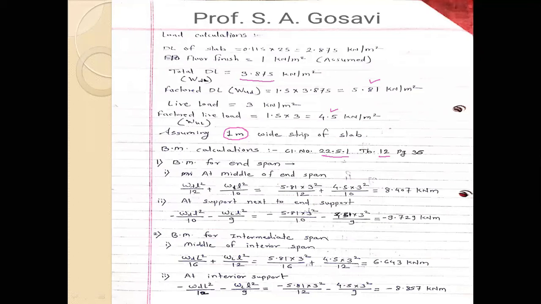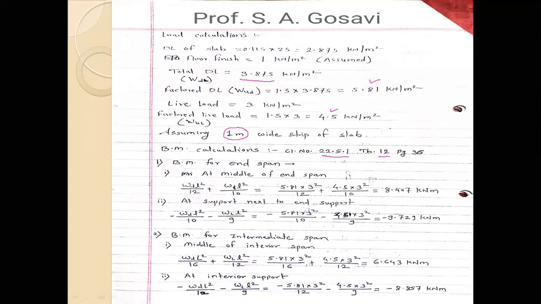As our slab is a continuous slab, you know that it is supported at the ends by the walls. If you see the problem carefully, it is supported at the ends by the walls, and intermediate beams are provided. Now the bending moment at the end span. If we go to the previous slide, the end span will be the last span which is given over there.